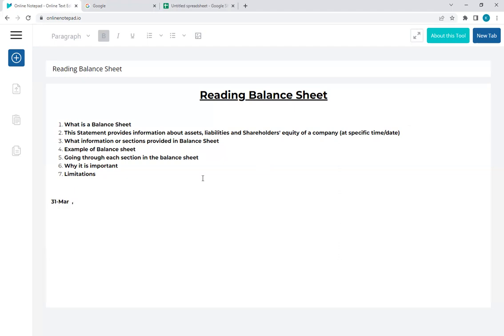Then immediately on 1st April, there may be changes in the data in the balance sheet. So every day there will be chances of the information varying. That's the reason whenever any company releases the balance sheet statement, they mention the date also. On that particular date, the financial status of the company will be given in the balance sheet, which includes assets, liabilities, and shareholders' equity.